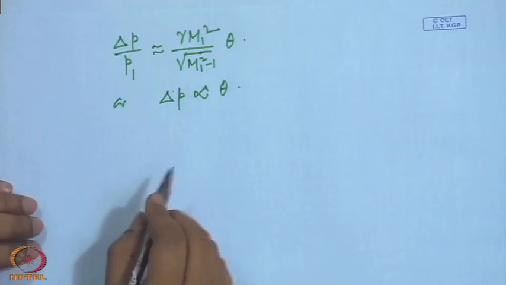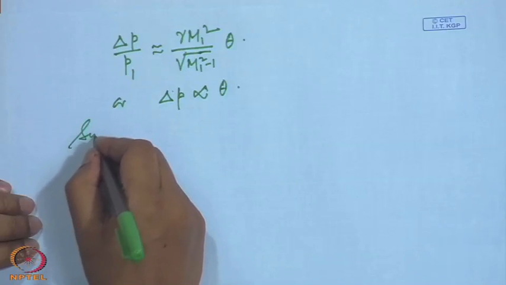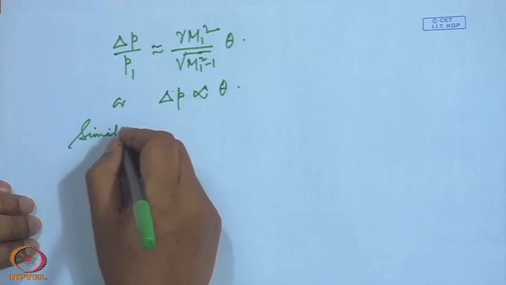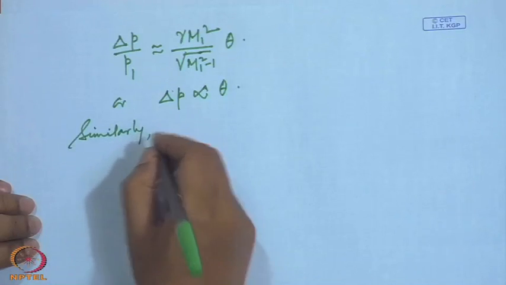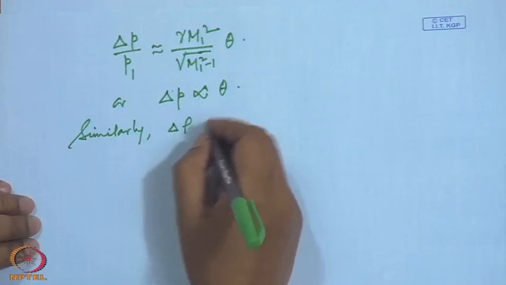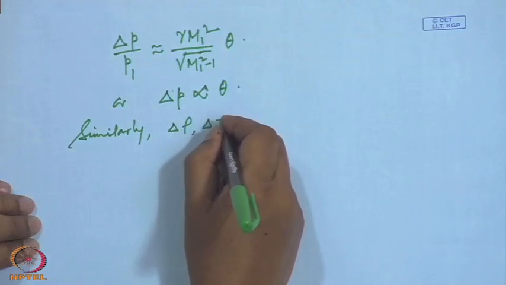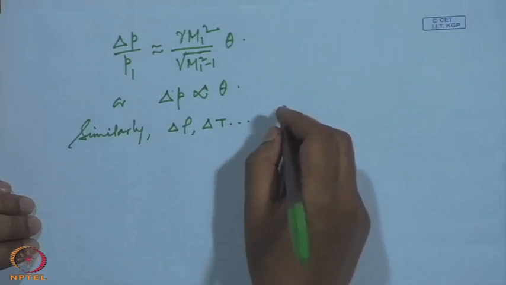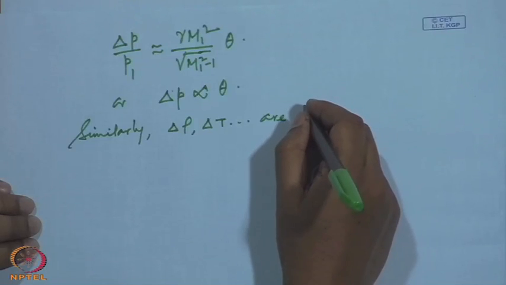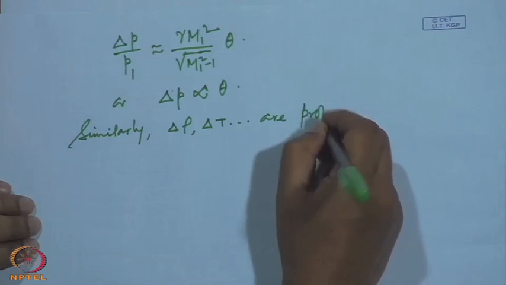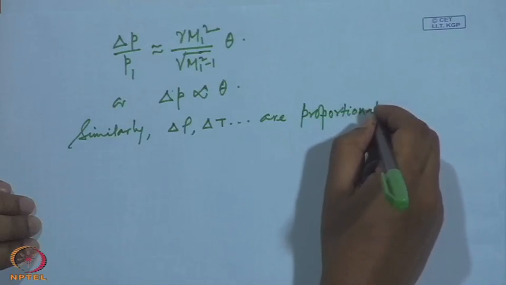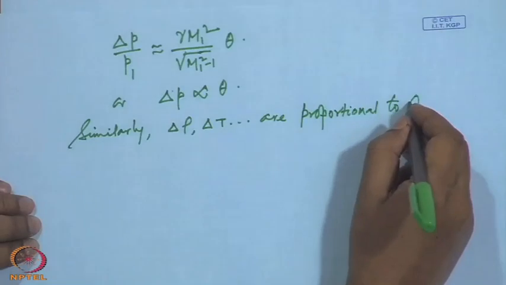Similarly, other flow quantities, delta rho and delta T, are proportional to theta.